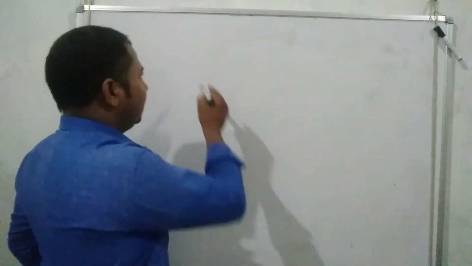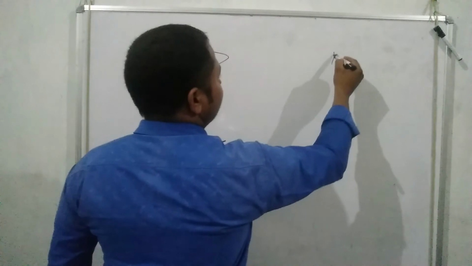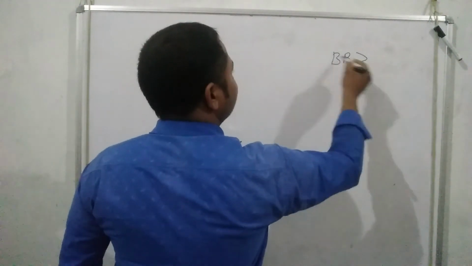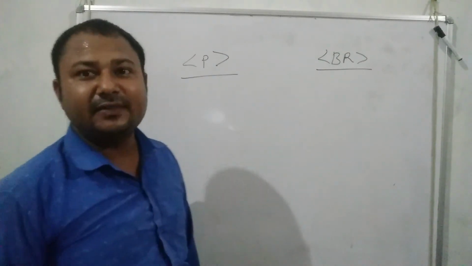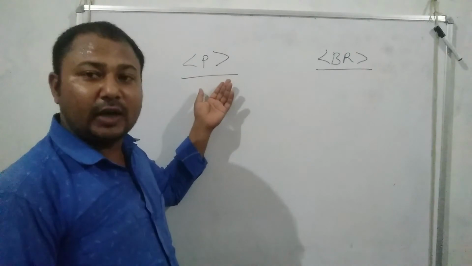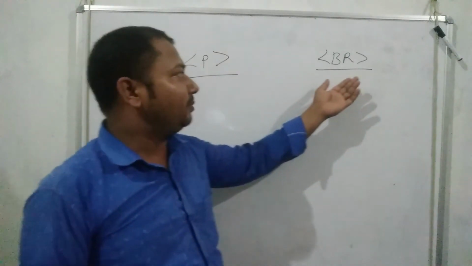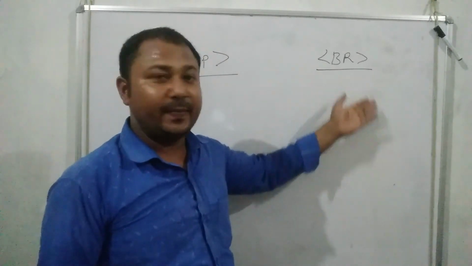And now we will discuss the paragraph tag and the BR tag. This one is the paragraph tag and this one is the BR tag. My dear students, the basic difference is that the paragraph tag is a container tag and the BR tag is an open tag.